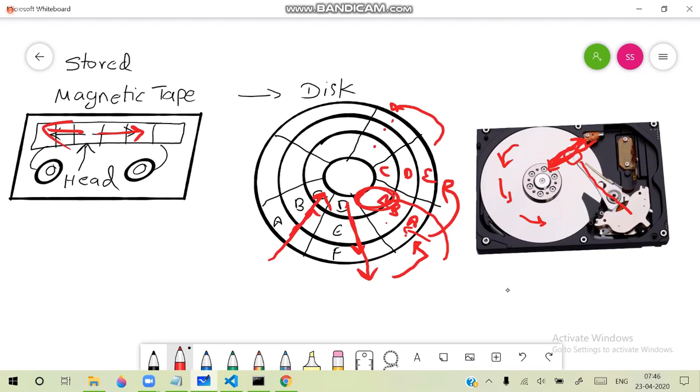You know, in previous days and even now, you have an option called disk defragmentation. In the Windows operating system, you will find disk defragmentation. When we run disk defragmentation, all used sectors are moved aside and unused sectors are moved aside.